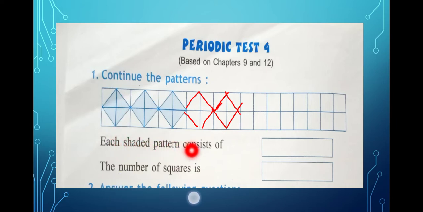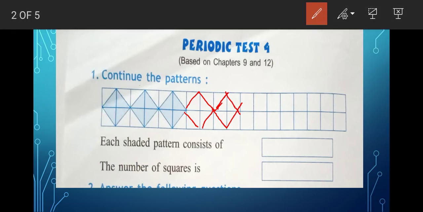Each shaded pattern, this pattern consists of what? I told you, it is divided into four equal parts, and each part is a triangle. So what will you write here? Consists of 4 triangles. You will write here triangles.